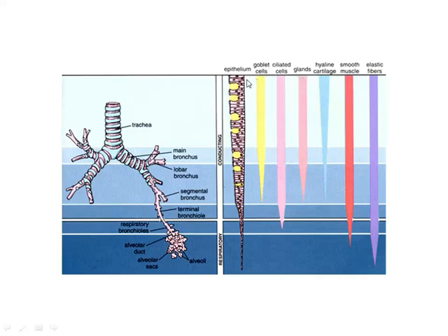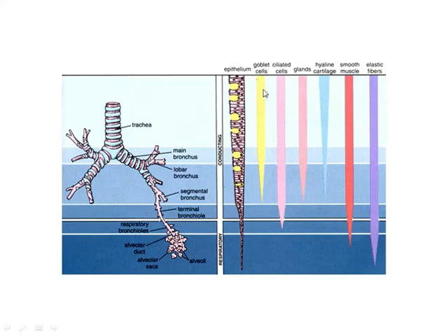Then in the submucosa portion they have glands, and they are internally supported with hyaline cartilage, and smooth muscles are present in the adventitia layer as well as between the hyaline cartilage rings, and entirely elastic fibers in the connective tissue are present. So overall, there are little variations as we go from the trachea to the terminal bronchus level.